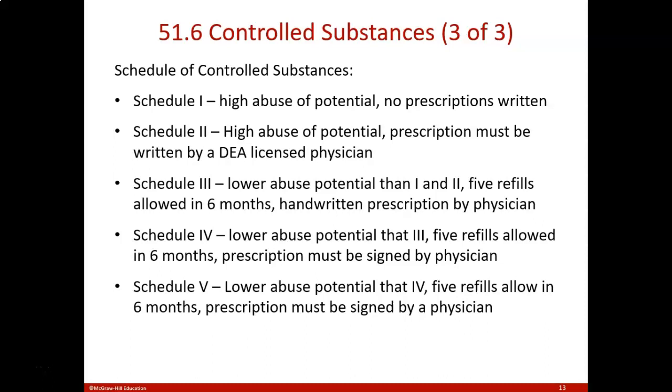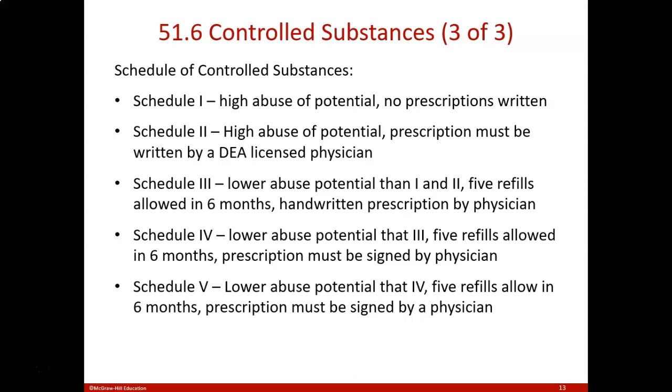Part of that is because we don't want anybody just calling in and using a license number to be able to get narcotics easily, to get these Schedule II drugs. So there's a very specific process that has to be followed. It can't be just on a regular prescription pad, and it has to be written in a specific way. Drugs in that category are basically morphine, Demerol, fentanyl, very strong addictive medications.